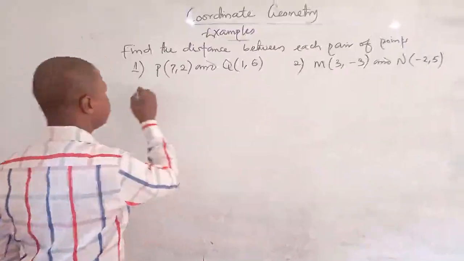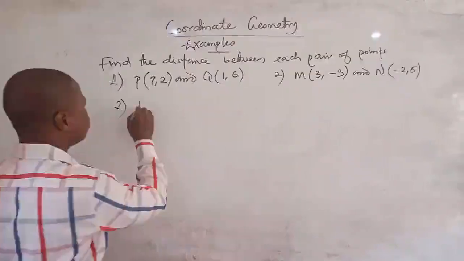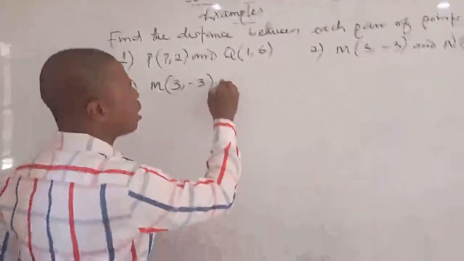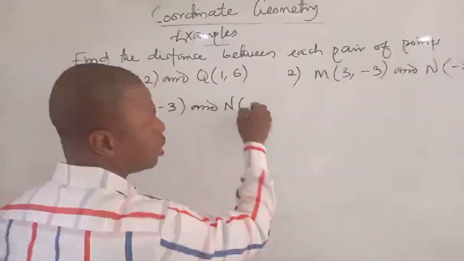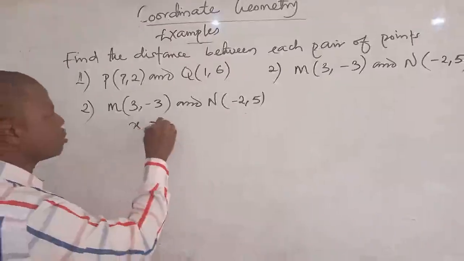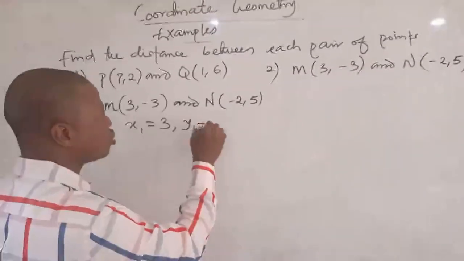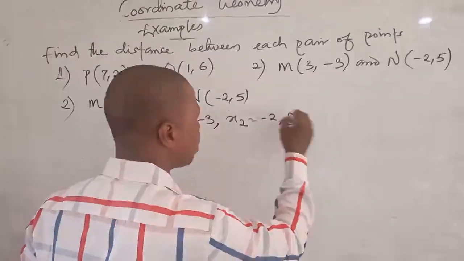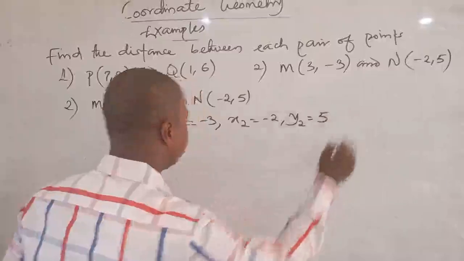So question number 2, we have M into 3 comma minus 3 and N into minus 2 comma 5. So we have x1 to be 3, y1 to be minus 3, x2 to be minus 2, and y2 to be 5.